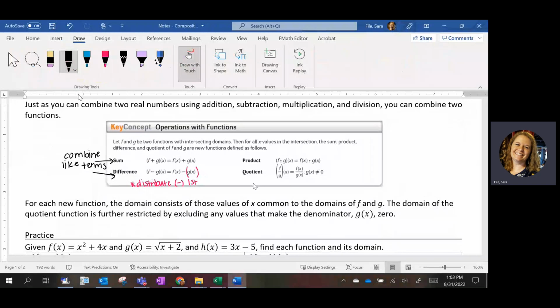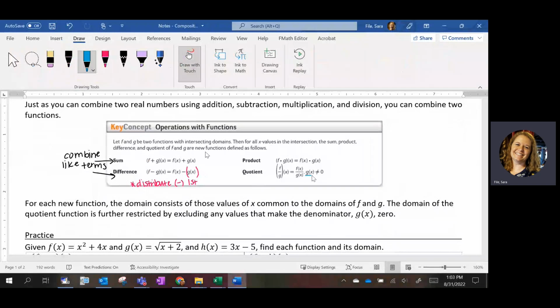For the quotient, f over g of x, or f divided by g of x, could also be written as f of x over g of x. Now this one has a stipulation. You have to restrict the domain.